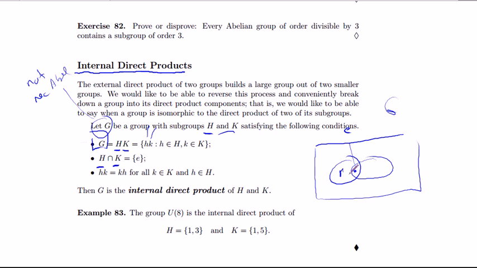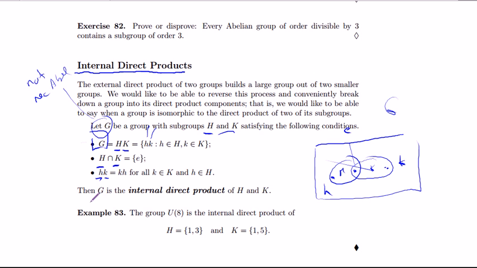So here's H and here's K. And the final condition is that every element of group H commutes with every element of group K. So an element in here and an element in here, these two elements commute. Now that doesn't mean that any two elements in the group commute. It just means that every element in this set H must commute with every element in this set K.